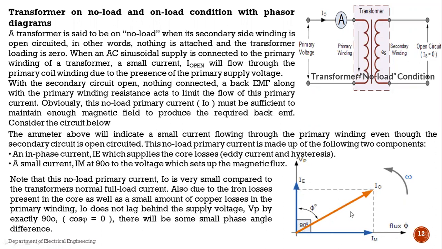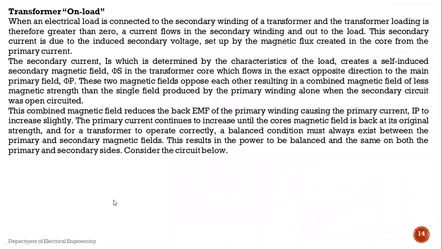This no load primary current does not lag the supply voltage by exactly 90 degrees; it lags by less than 90 degrees. This angle is phi 0, the angle at no load condition, and the cosine of the angle between the primary voltage and the primary no load current is the power factor. So the no load power factor is cos phi 0. We have already discussed this in the previous lecture and taken one example.